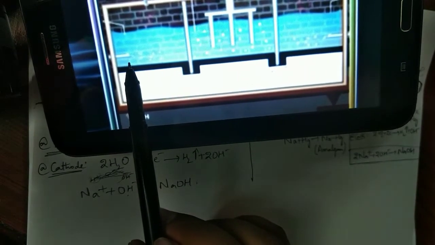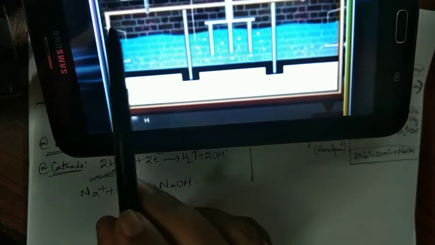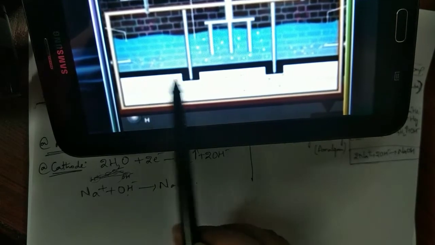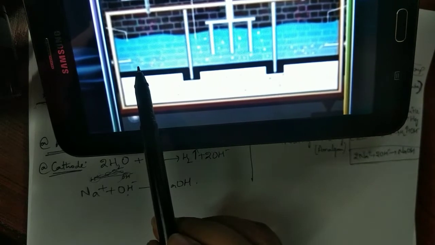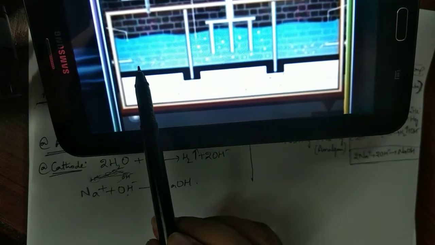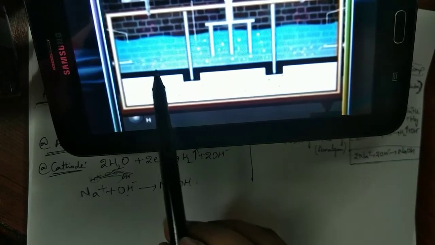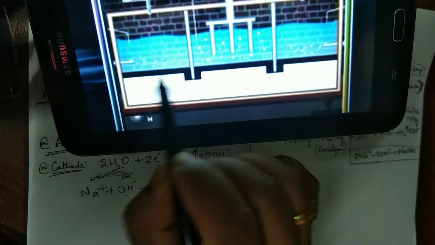Cl minus ions lose 2 electrons, liberating chlorine gas. Fine. And what is the cathode here? Mercury, in this compartment. At the cathode, Na plus ions react with the electron liberated by chlorine, and they form amalgams with the mercury. So here amalgams are formed.